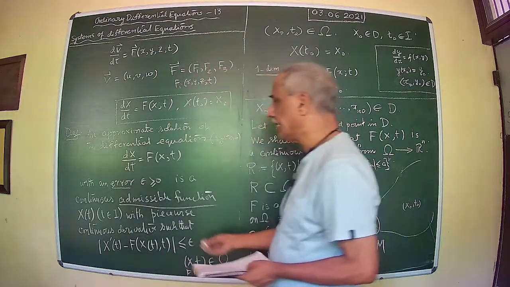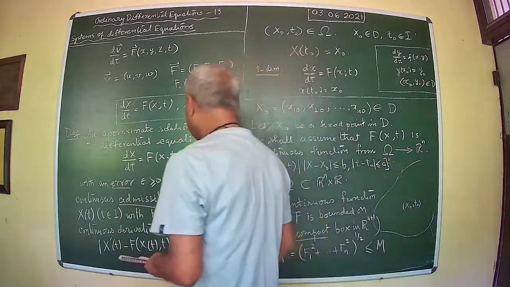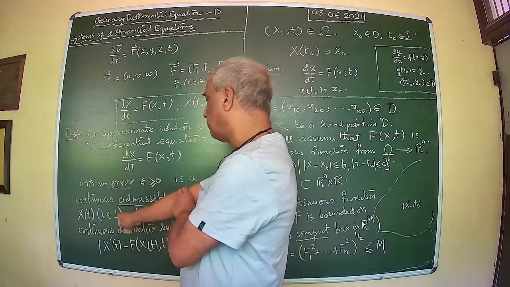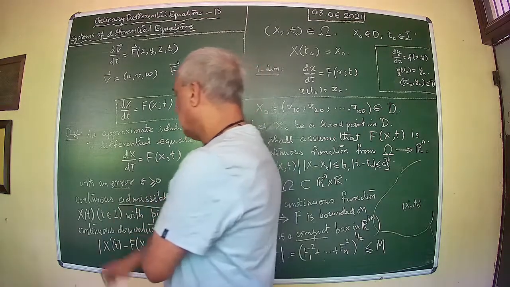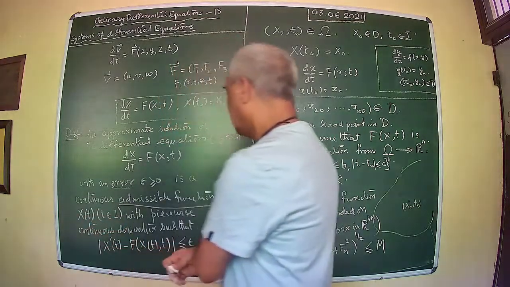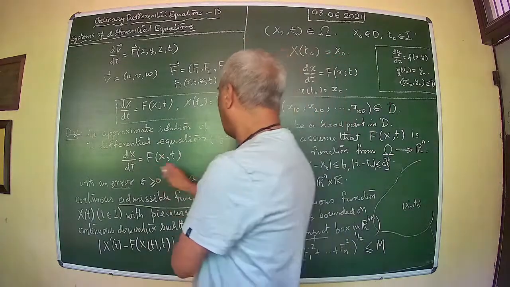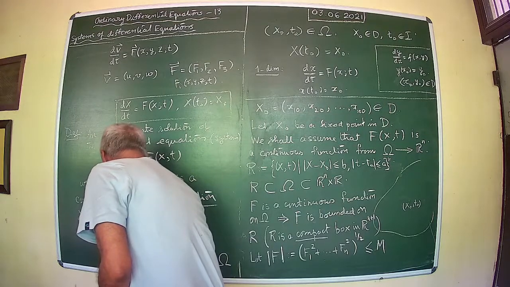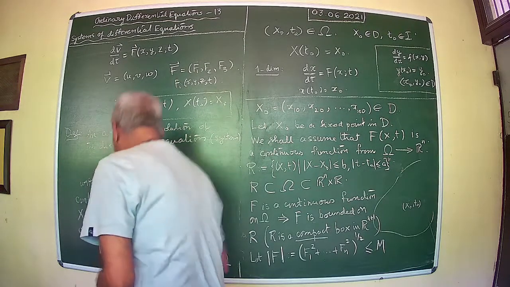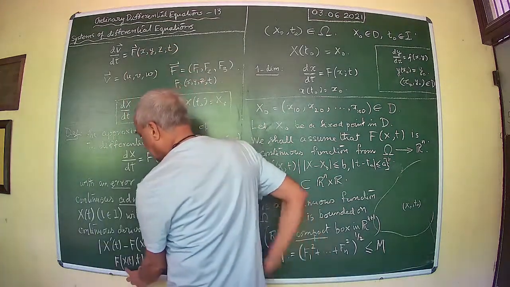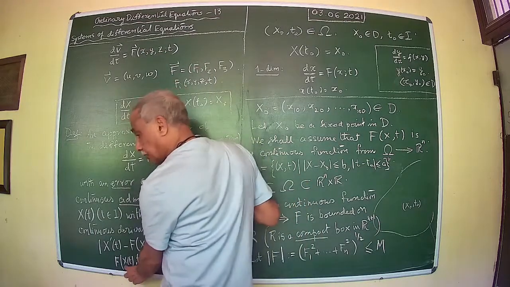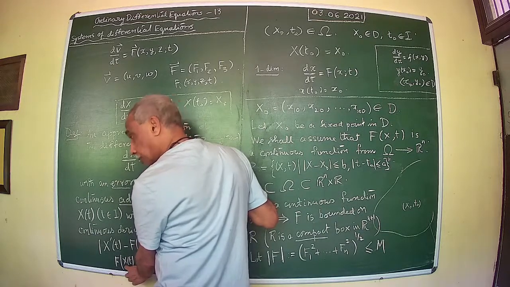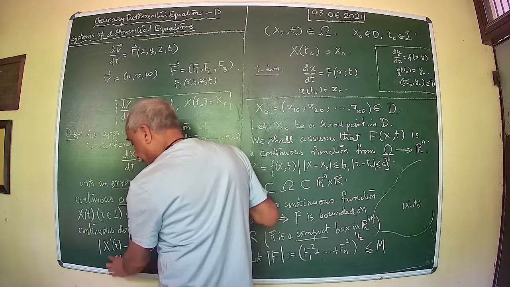So the function should have the property that for each value of t in the interval I, f(x(t), t) is defined, and that can happen only if the argument of f, namely x(t), belongs to omega. That is a primary condition, so that f makes meaningful.